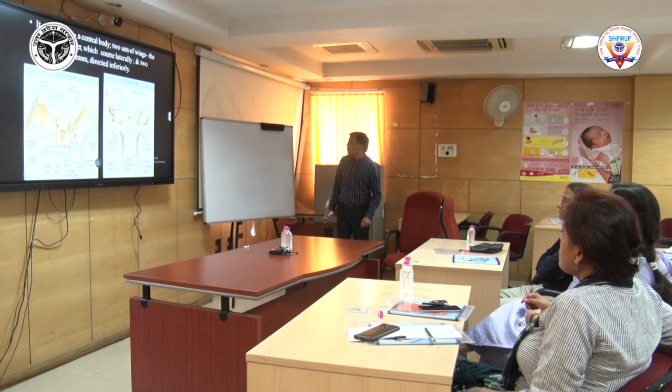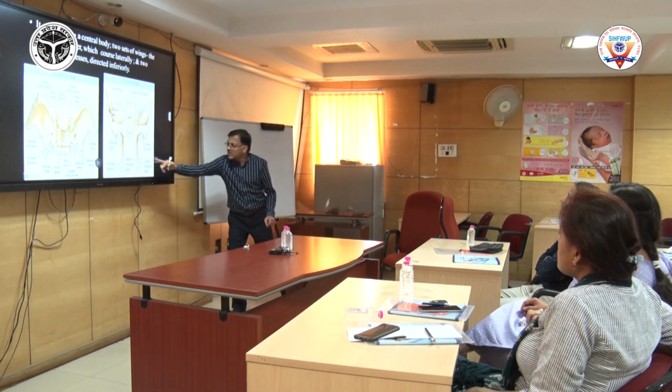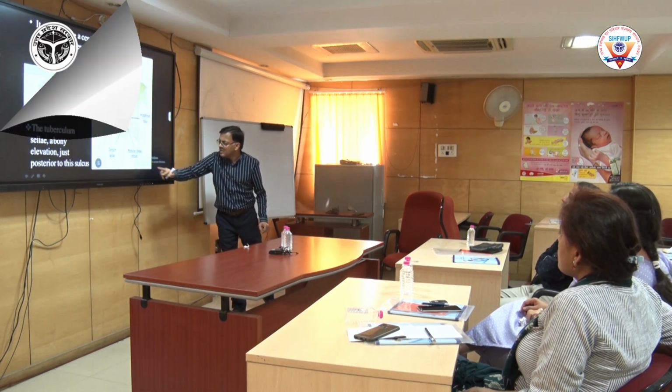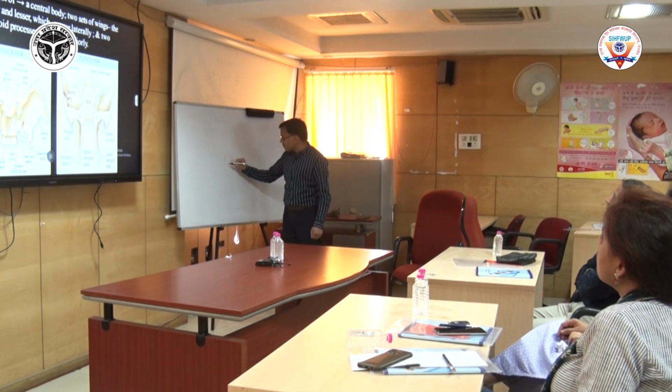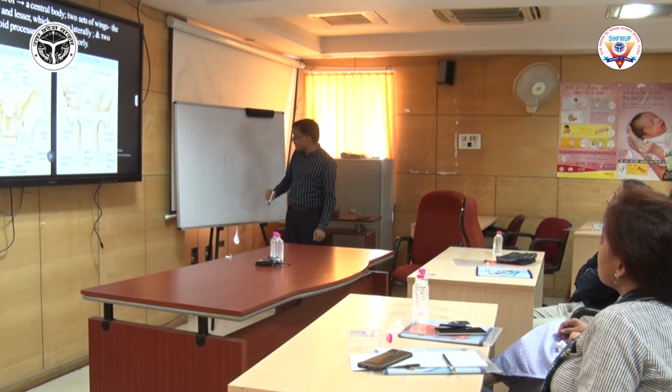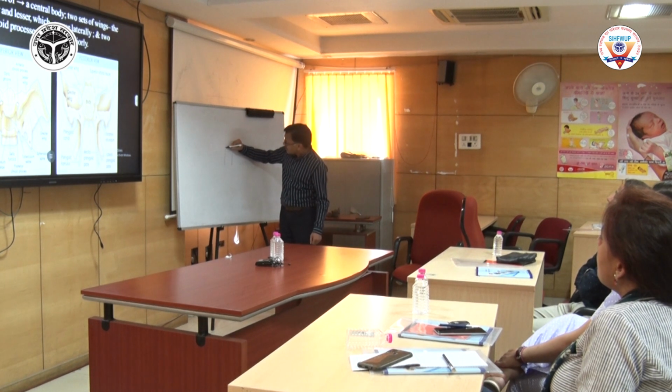ठीक है. सो सपोज वी ड्रॉ two plates. This is your medial pterygoid plate and this is your lateral pterygoid plate. Okay. ठीक है. Now you draw this line here.